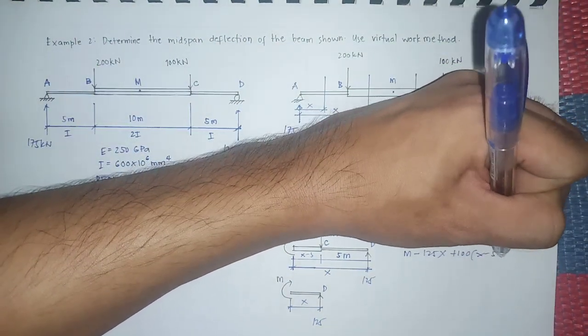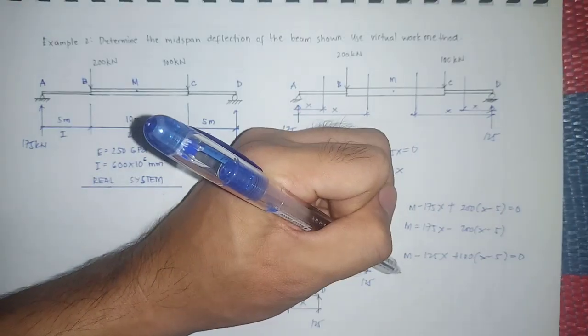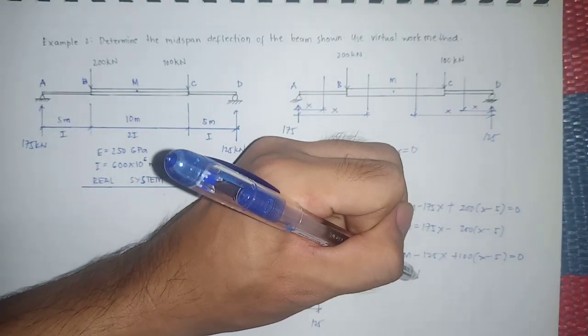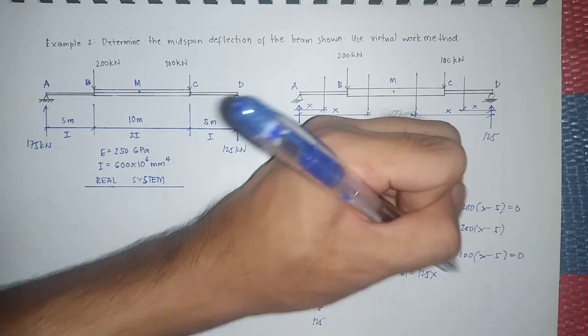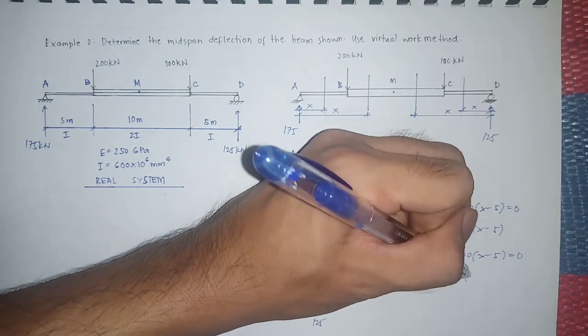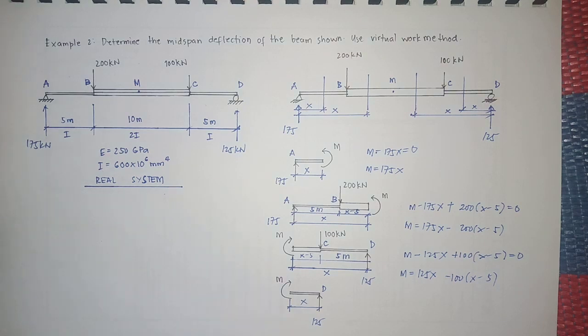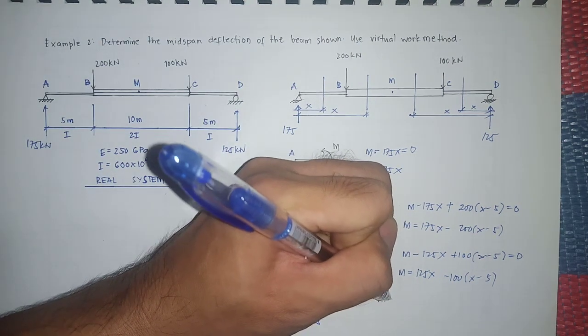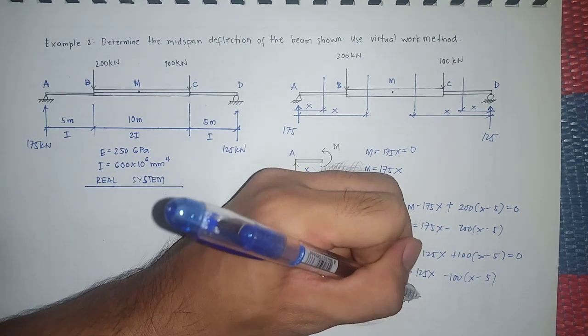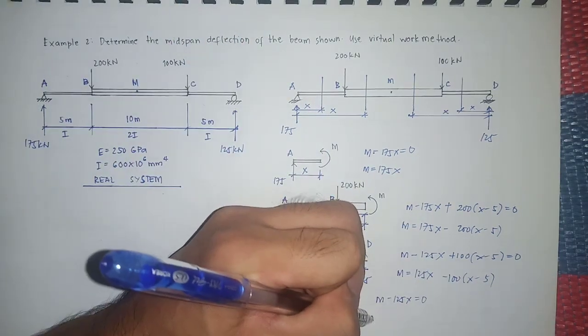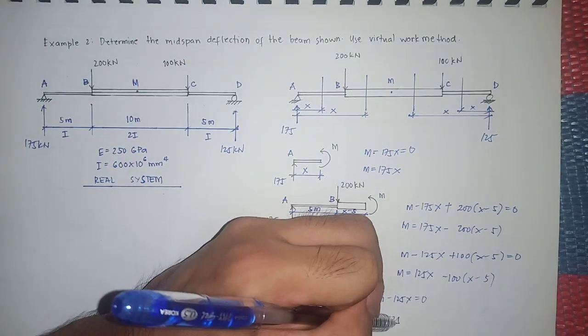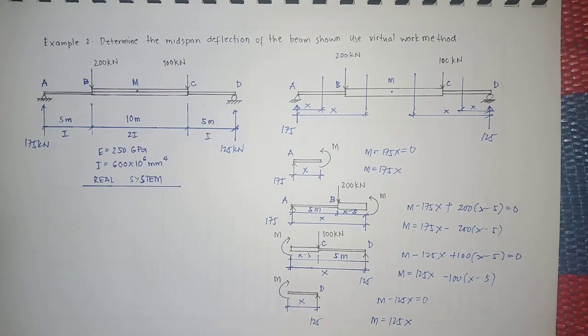X minus 5 equal to 0. So, rearranging again, M is equal to 125X minus 100 times the quantity X minus 5. And last but not the least, ito naman, medyo basic na yan. M minus 125X equal to 0. So, M is equal to 125X. Pakitandaan po yung apat na moment equation na yan.